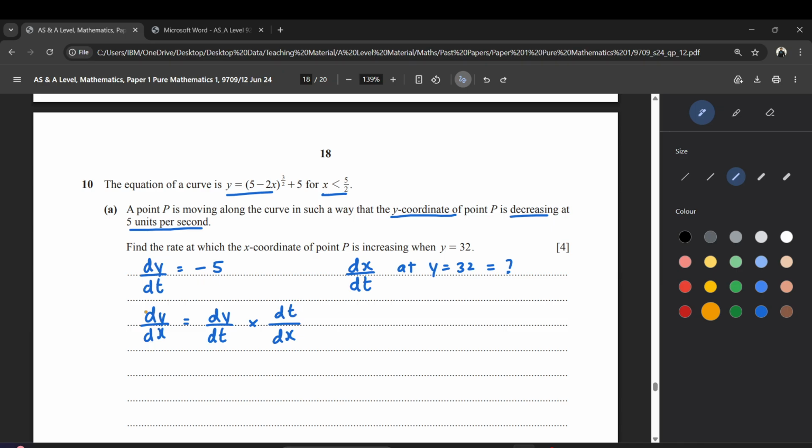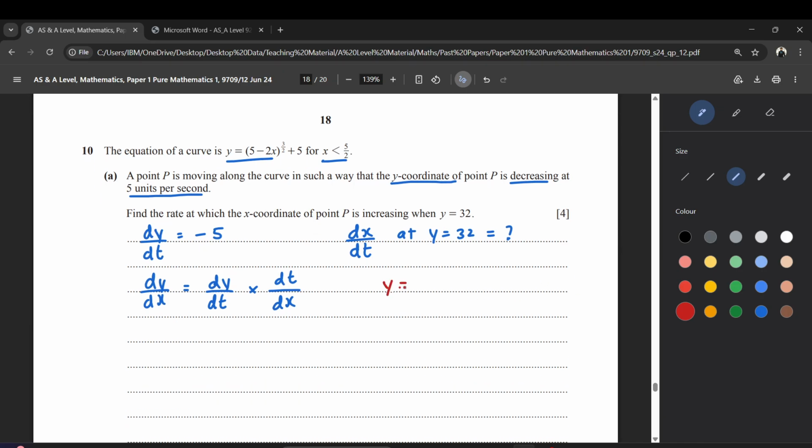So that means you must have dy/dx from somewhere else. We know that the equation of the curve is y equals (5 minus 2x) to the power 3 upon 2, plus 5. From here, I'm going to find dy/dx. Again, this is a question related to chain rule.